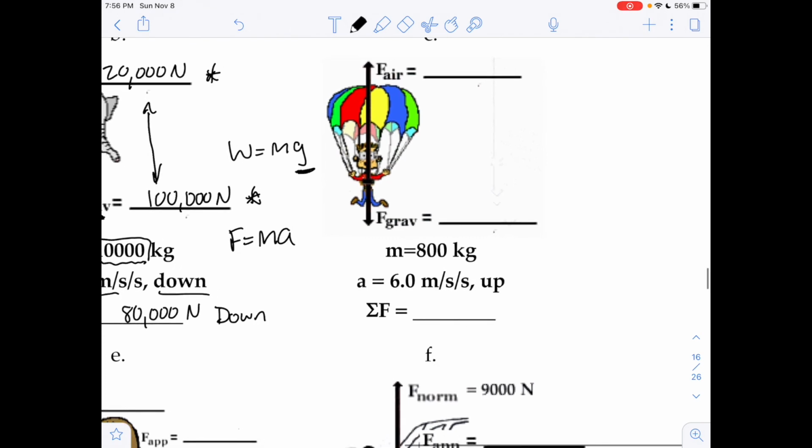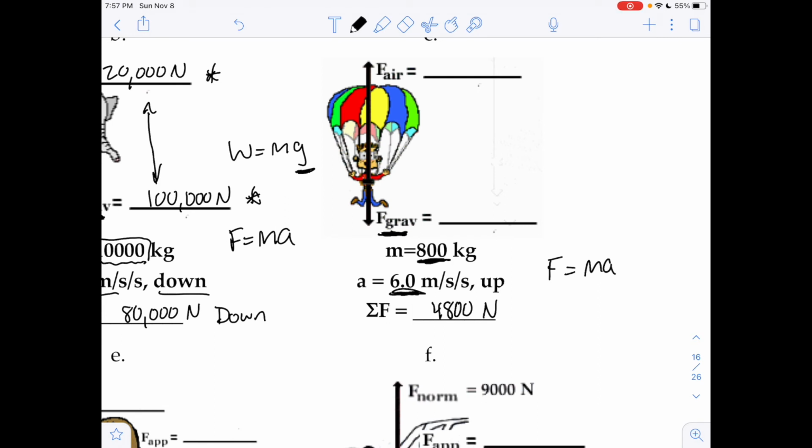So net force, again, we'll do F equals ma for that. So we're going to do 800 kilogram times 6, so that's going to be 4,800 newtons. Okay, let's get the gravitational force again. That was pretty easy last time, and that's just mass times gravity.